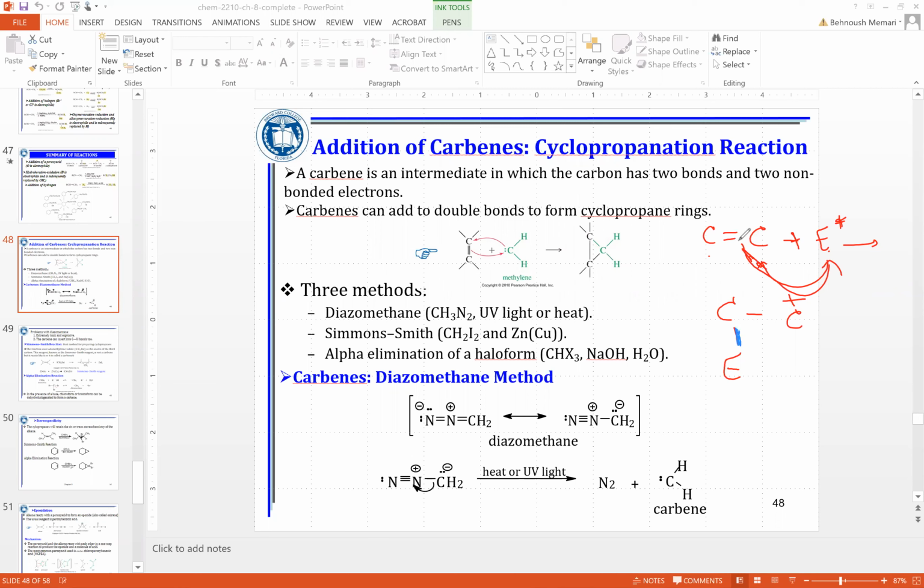And the pi bond is weaker than the sigma bond. If you have a carbon-carbon double bond, you have a pi bond and a sigma bond. When you break the pi bond, basically both carbons are going to have electron deficiency. Then you have to make two new sigma bonds in order to satisfy each carbon with the octet rule.